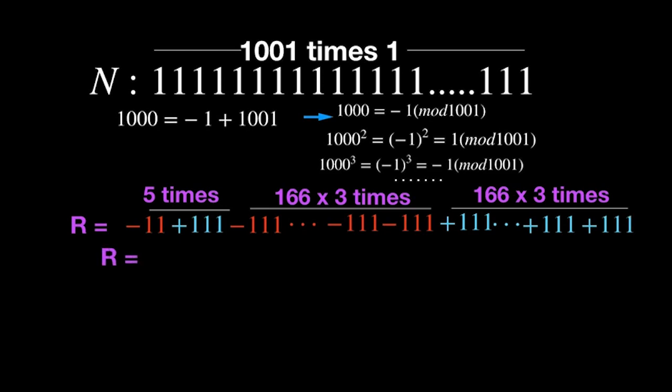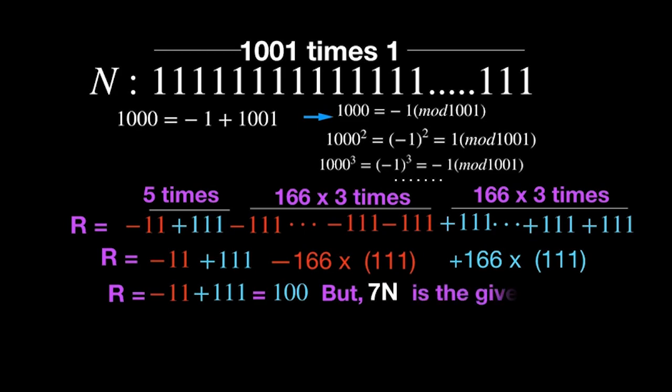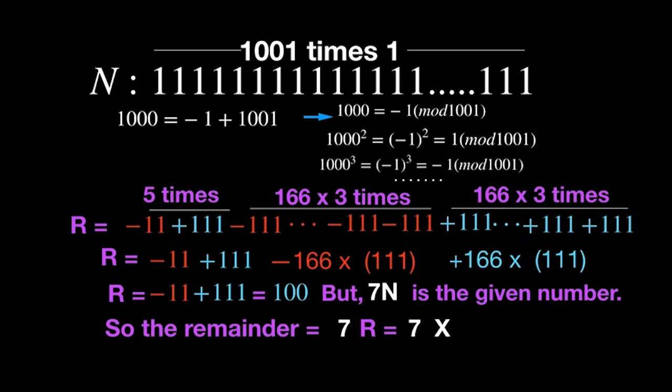Only the remaining portion will be minus 11 plus 111, that is 100. So for n we have the remainder 100, and for 7n we have the remainder 7r, that is 7 times 100 equals 700, which is the answer.